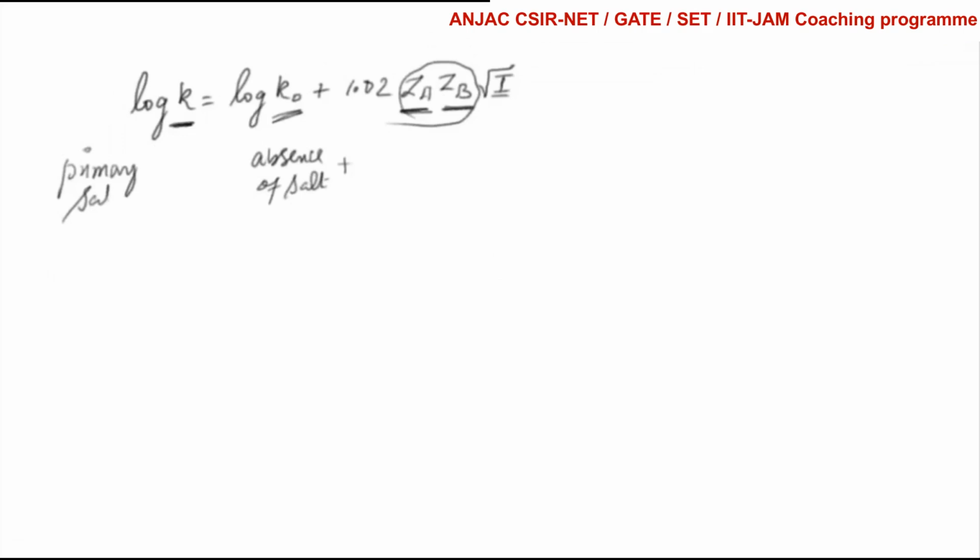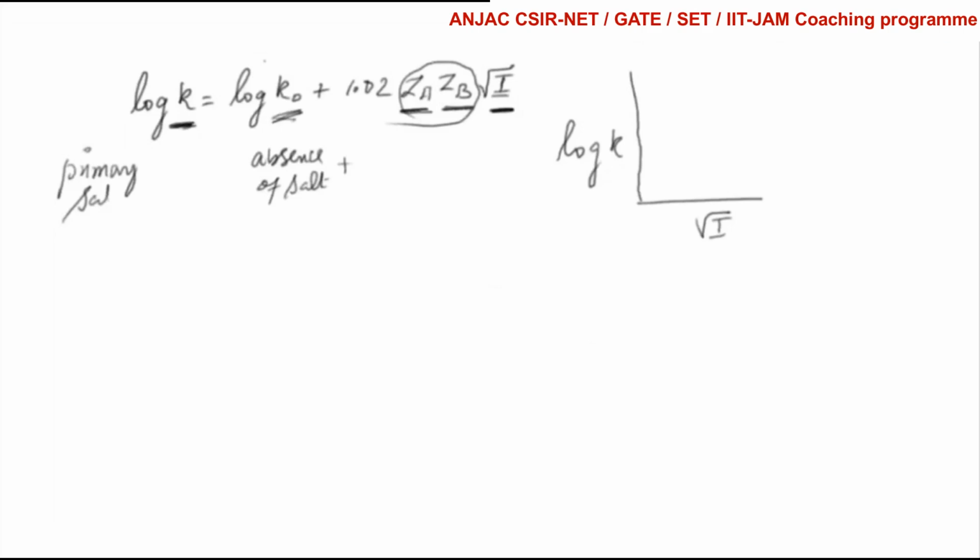We will represent this. The log K naught, the rate constant in the absence of salt effect, is a constant. K goes on changing with respect to the amount of salt or electrolyte added into the reaction mixture. ZA, ZB for a given A and B is a constant. Therefore, the two variables are log K and I. So you can plot log K versus root I, the ionic strength.